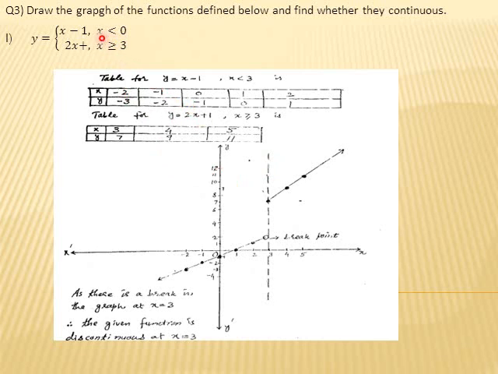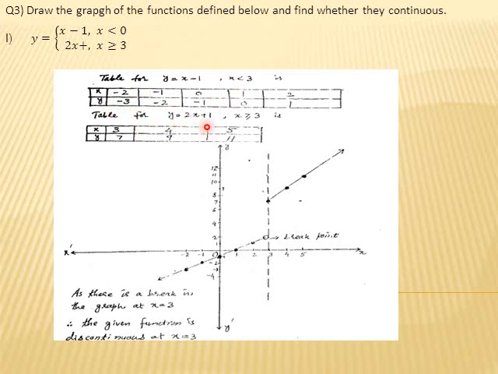x is less than 3 and x is greater than or equal to 3. So you can see that this is 2x plus 1. y is equal to x minus 1, and x is less than 3, so minus 2, minus 1, 0, 1, 2, the y values are this.